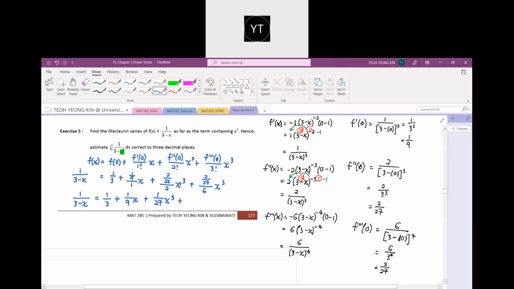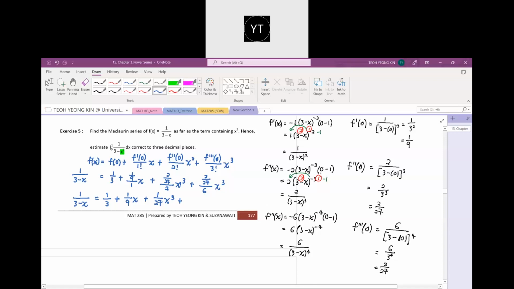Let me check first for this one. Here is negative 3 to the power of negative 1. So from here, multiply to the front, I get this one, -3.